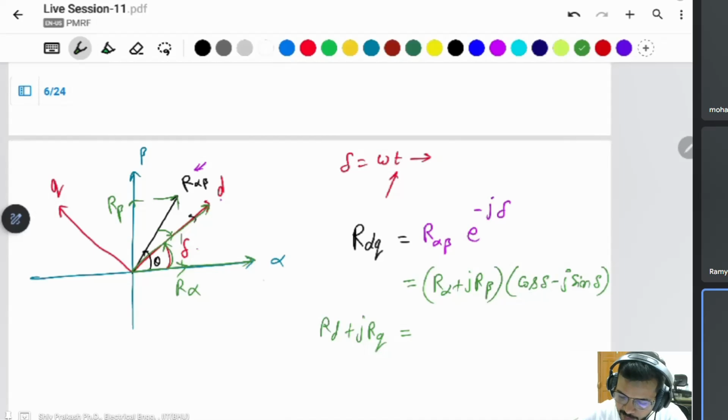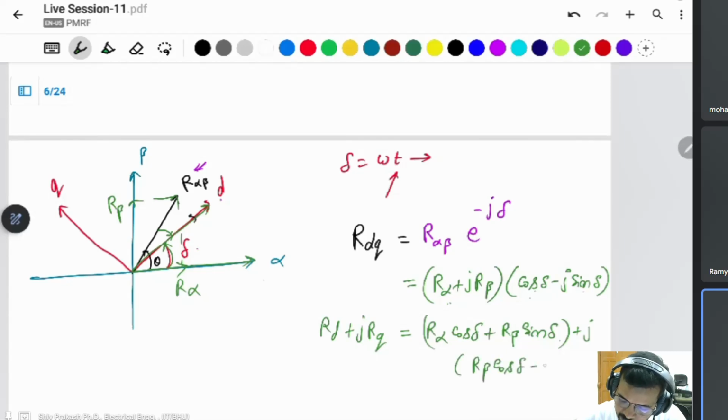So multiplication of this one and take the imaginary part outside. The real part is r alpha cos del, and if you multiply this j imaginary part, this will be a positive r beta into sin del, then plus j, taking the imaginary part, r beta cos del minus r alpha sin del.